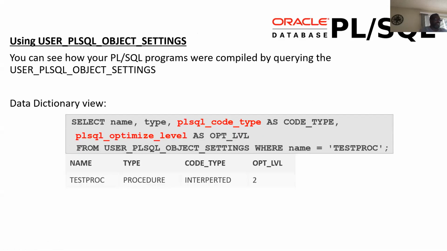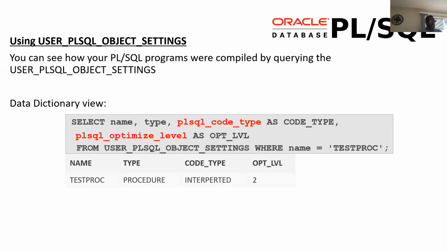The last thing in this whole scenario is you can see how your PL SQL programs are compiled by querying your user PL SQL object settings. This will give you all the information about those particular parameters.